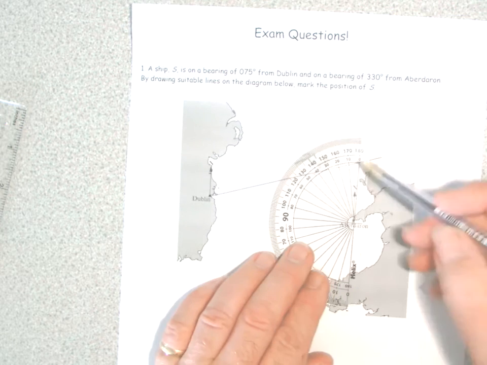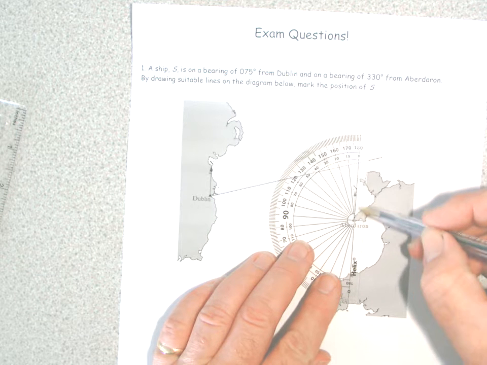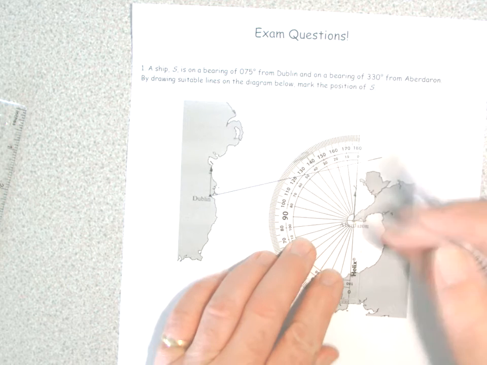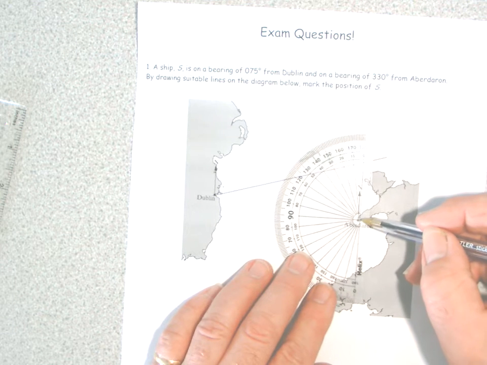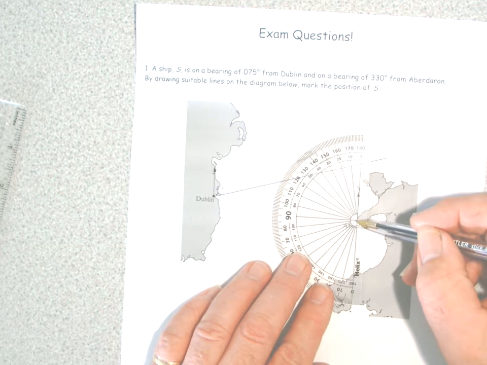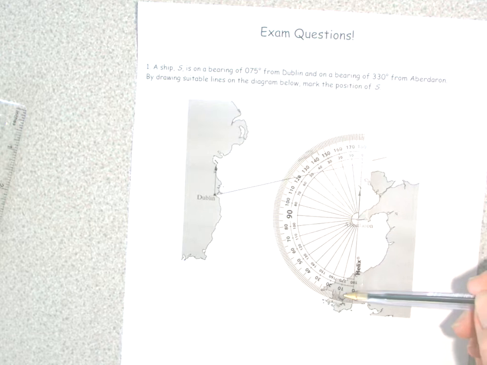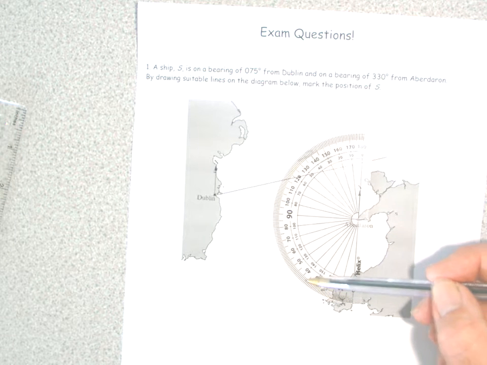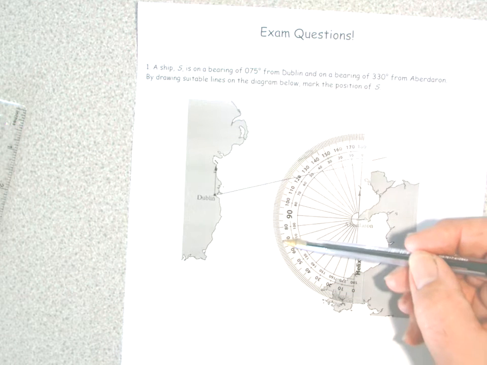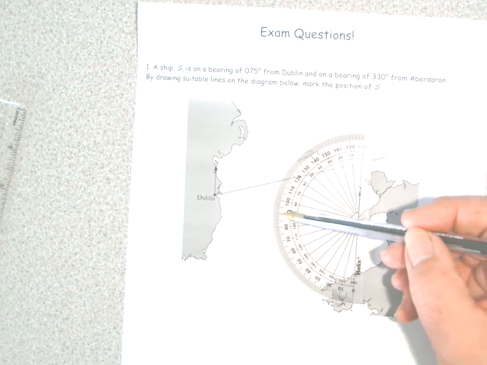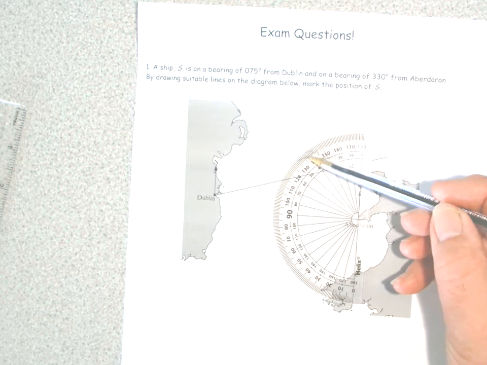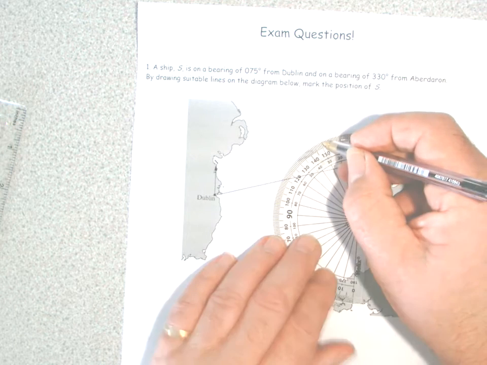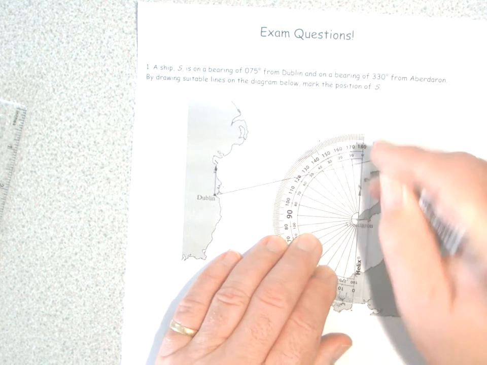So now I turn my protractor round the other way, again lining up on the north line, the 0 at 180. Okay, so at the bottom I start 180, then count it 190, 200, 210, 220, 230, 240, 250, 260, 270, 280, 290, 300, 310, 320, 330 is there.